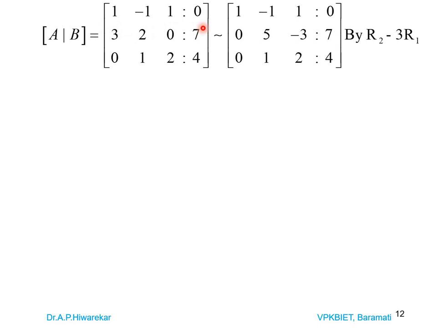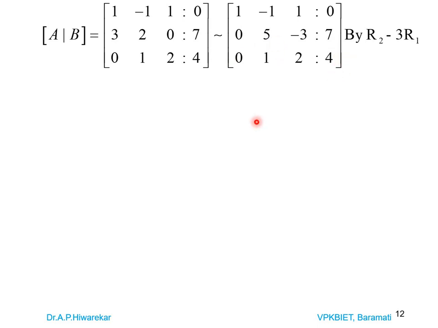So row number 1 as it is, row number 3 as it is. What are the changes in row number 2? R2 minus 3R1 means 3 minus 3 is 0. Then it is 2 plus 3 is 5. Then it is 0 minus 3 means minus 3. And 7 minus 0 gives 7.